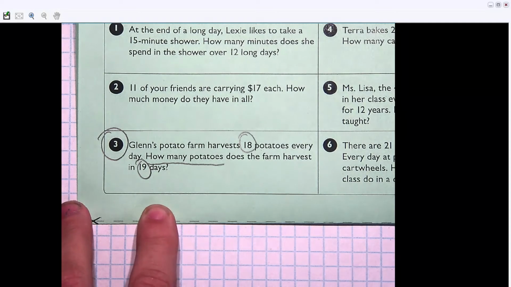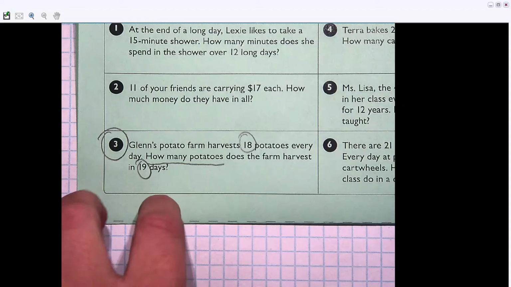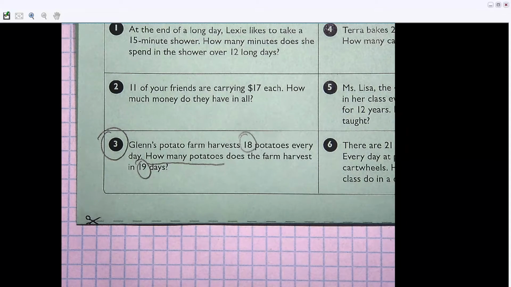I can tell you right now that I always go to the "do you have a total" question to find out which operation I'm using. So, do you have a total? No, there's no total. We know that there's 18 potatoes harvested every day. We know he did it for 19 days.